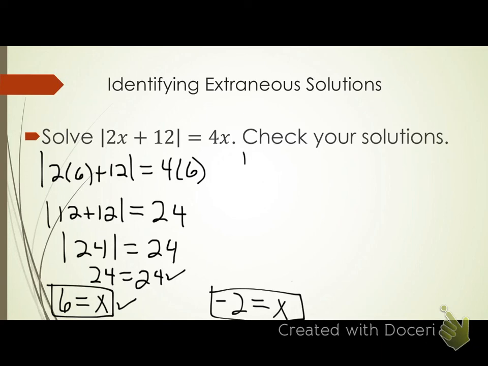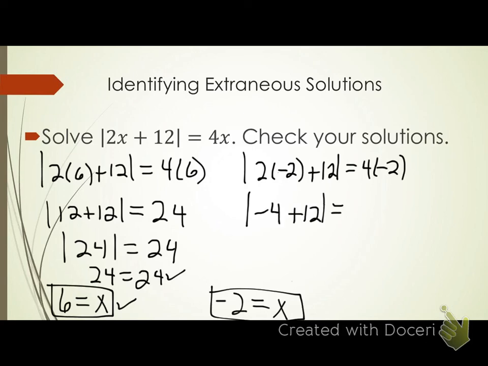Let's plug in negative 2. 2 times negative 2, negative 4. 4 times negative 2, negative 8. Someone's already noticed it earlier. But here we have an absolute value set equal to a negative number.